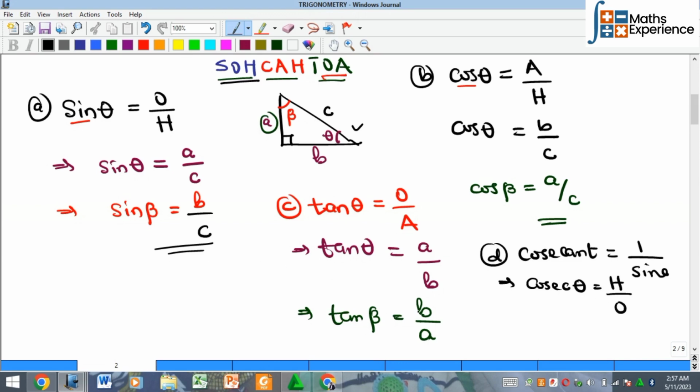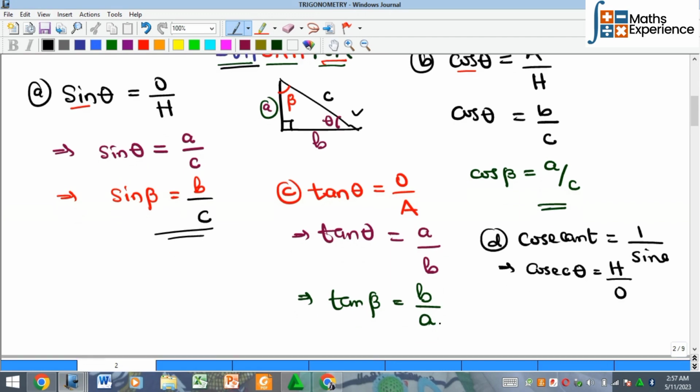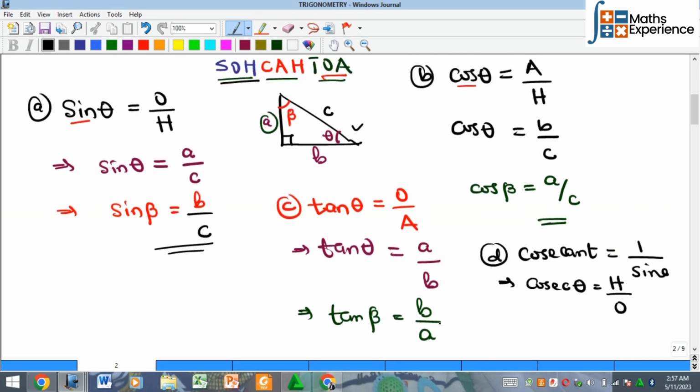Okay, and then the inverse of cosine is called secant, which you can write as sec.